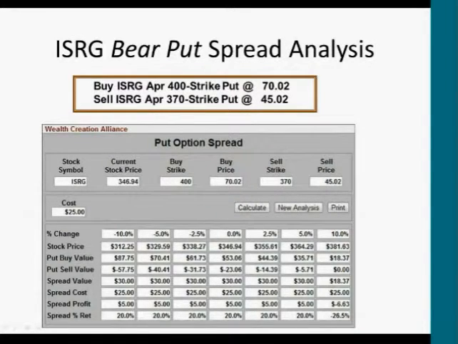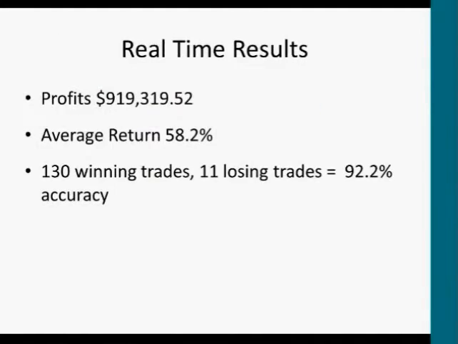If it goes up, still had a 20% return. So this was an example of a deep in the money bearish spread for ISRG. As I mentioned earlier, we did a lot of these during the last bear market, and they really worked out well for us.